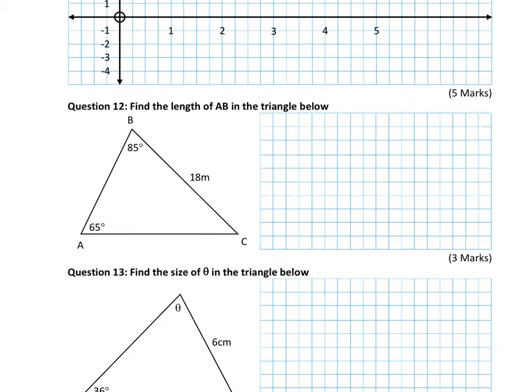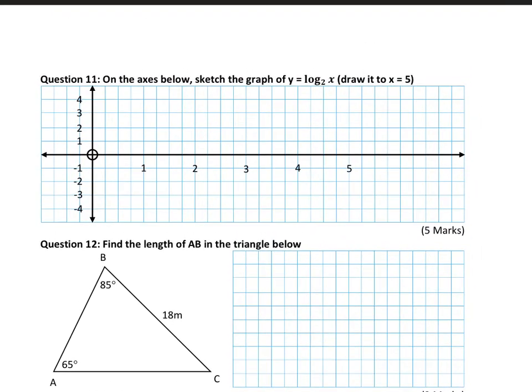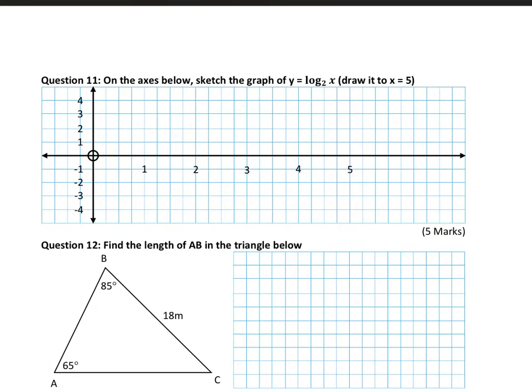Okay, we've got some triangle questions here. Oh, we've got a log, so I need my calculator. So straight away, all log graphs have a vertical asymptote at the y-axis, so I'm going to draw it, showing that it's not going to touch the y-axis. Also, anything to the power of 0 is 1.